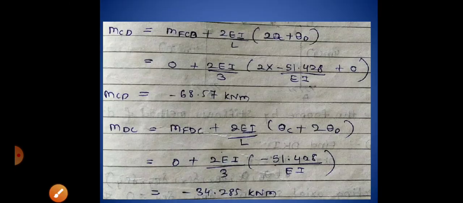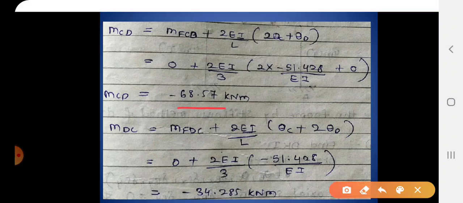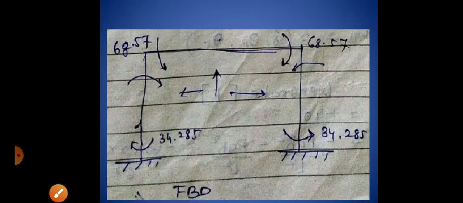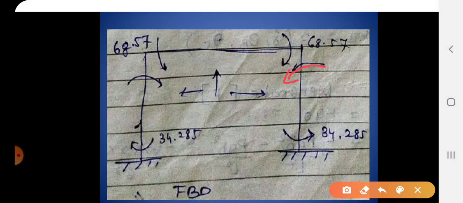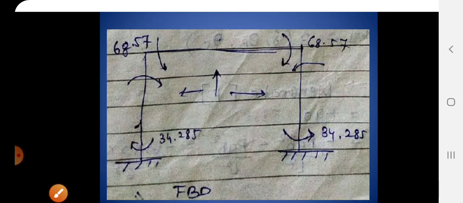Now go to part CD. CD is minus, so both values are anti-clockwise. Therefore plot on the FBD anti-clockwise. Clear. While drawing the bending moment diagram, you have to consider these directions: hogging is minus and sagging is plus. Hogging will be plotted outside the frame, and sagging will be plotted inside the frame.